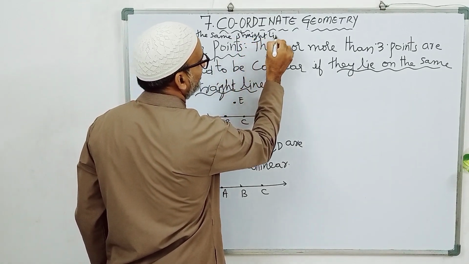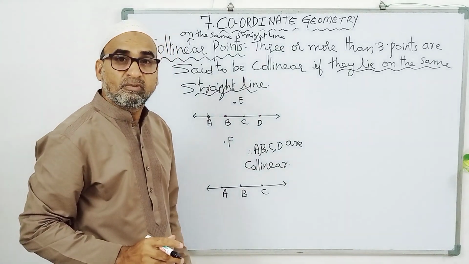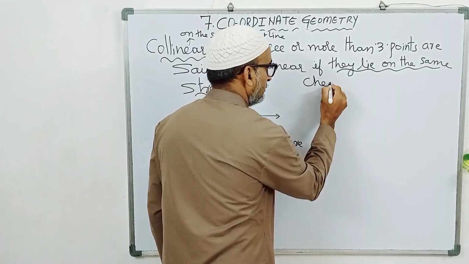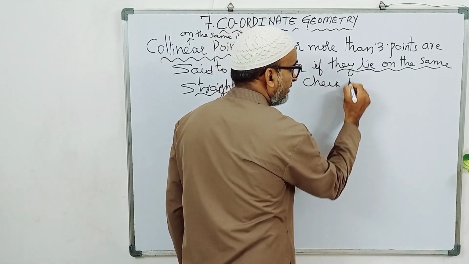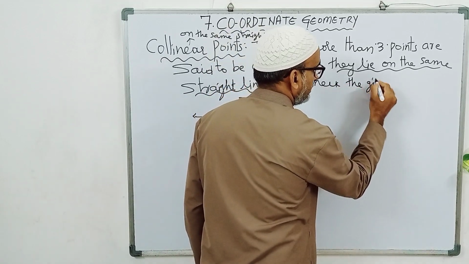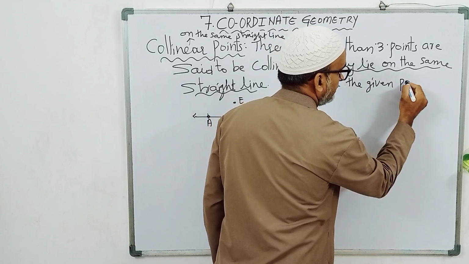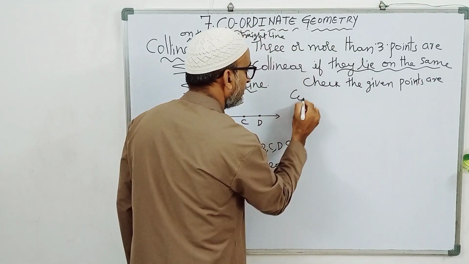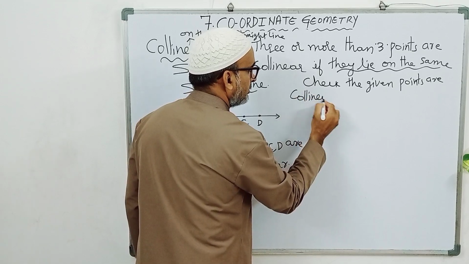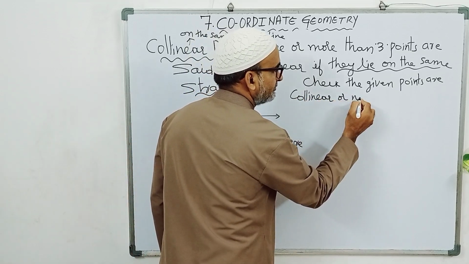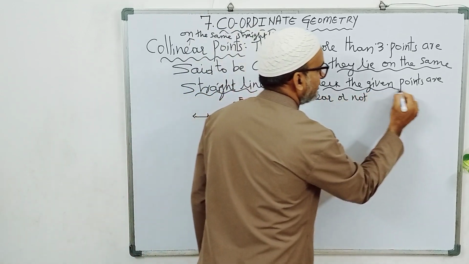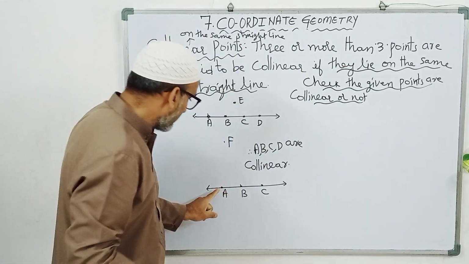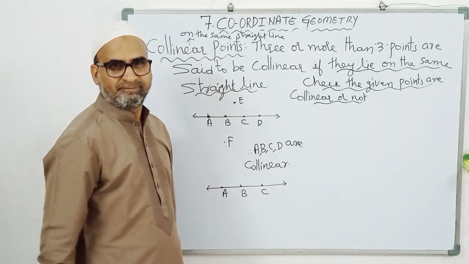They will ask you like this also: check whether the given points are collinear or not. One question they will give. The points are A, B, C.